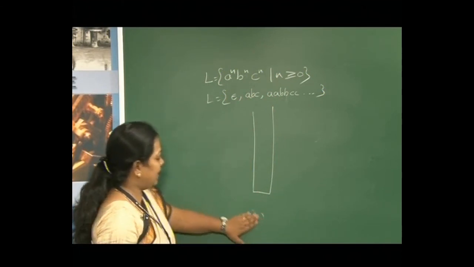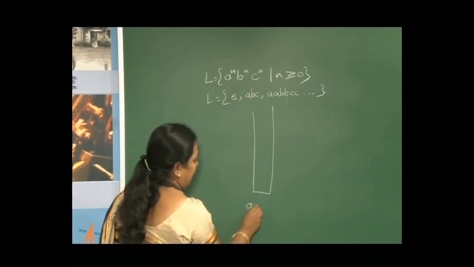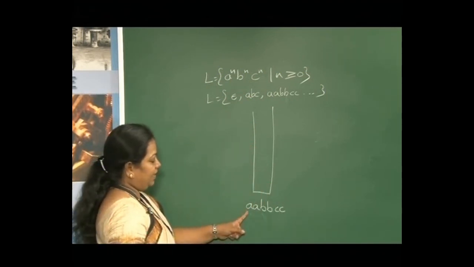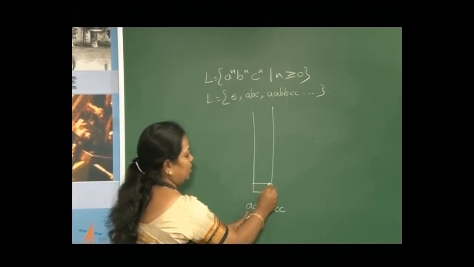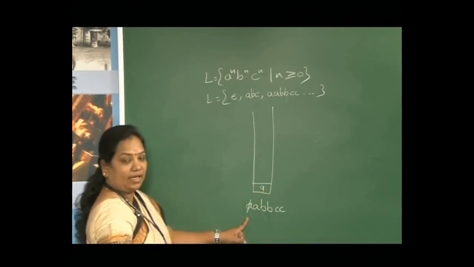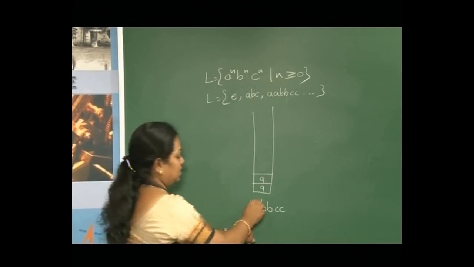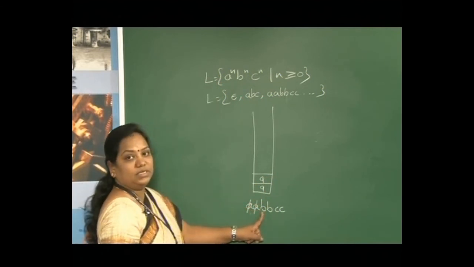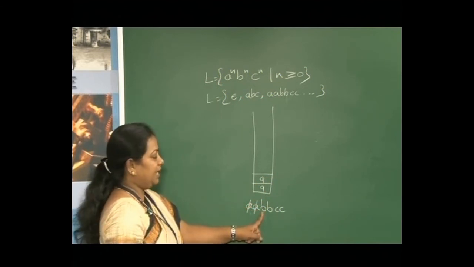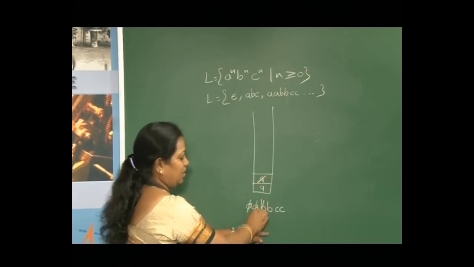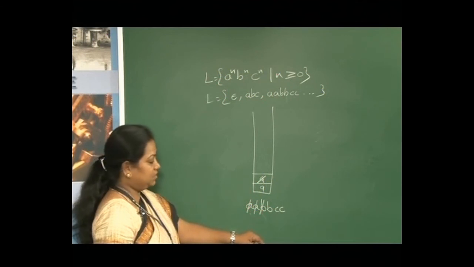Take one example, the string abbcc. When I come across the first a, push a into the stack. Again a, push a into the stack, consuming a. Now the input symbol is b, the topmost element of the stack is a, then pop a and pair it with this b.